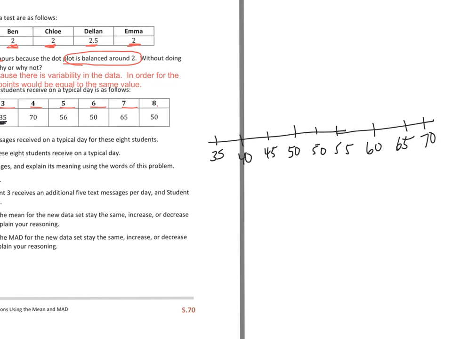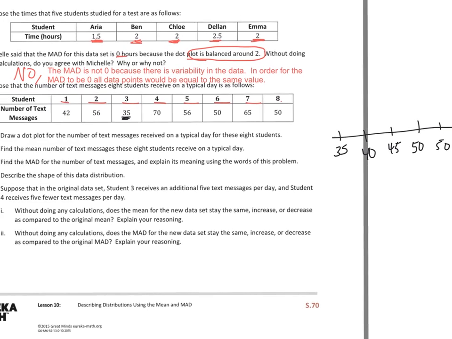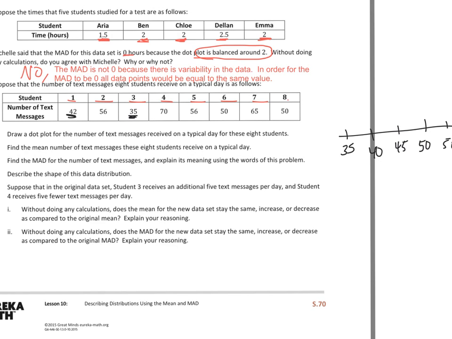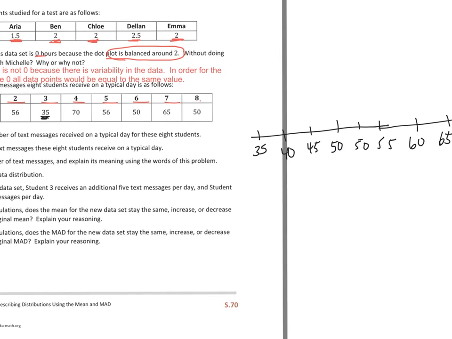And now I'm going to put dots over how many times I see these and where I see these. So my first one's going to be at 42. So I'm going to find where about 42 is, and I'll put a dot there.